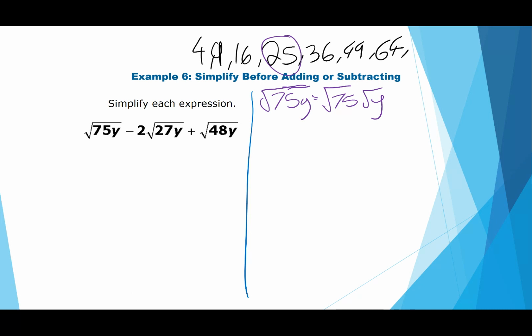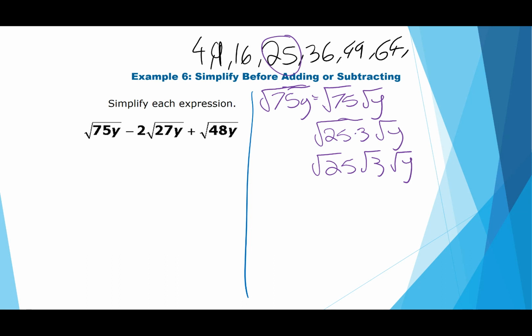So square root of 75 is the same as 25 times 3. 25 times 3 is 75. Square root of y is all by itself. It's not really going to simplify, so we're going to just keep that square root of y as a square root of y. Square root of 25 and square root of 3 and the square root of y. Just breaking the 25 and 3 up into their own radicals.